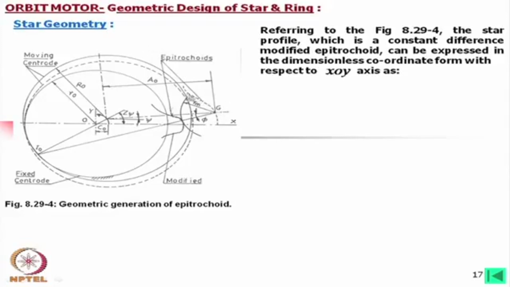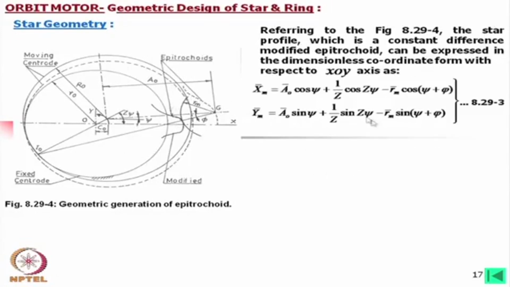This point will generate a curve like this as we allow it to rotate. Therefore, we can have the equation of this curve, forgetting about this portion.